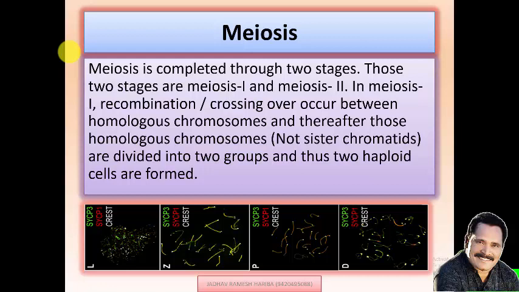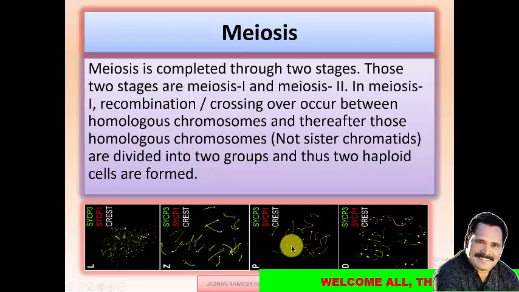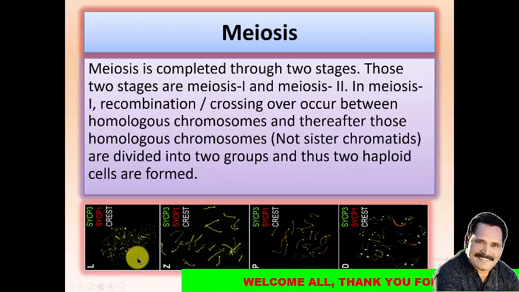This prophase gets divided into 4 stages or phases: the first phase is leptotene, the second zygotene, the third pachytene, and the fourth diplotene. In these 4 stages, the chromosomal material is in different forms.